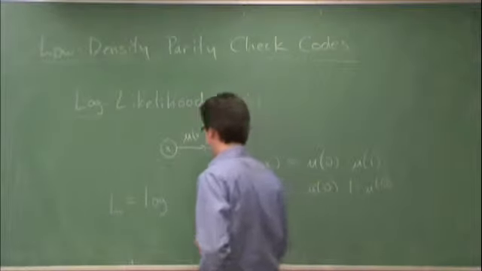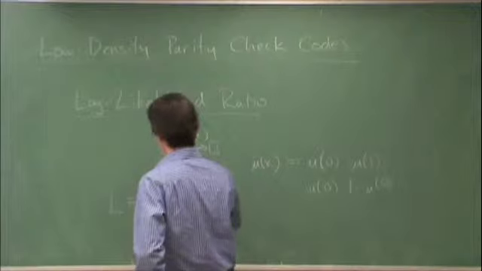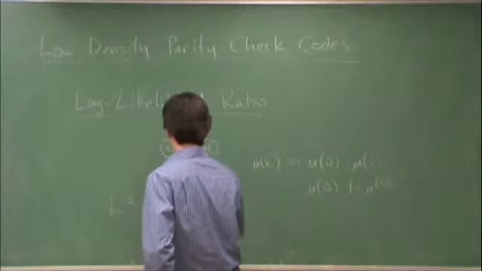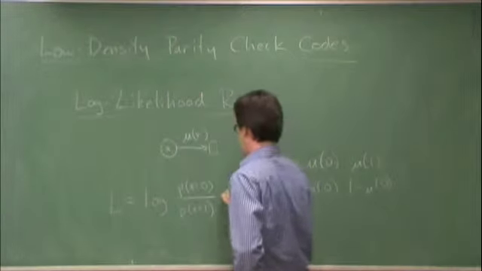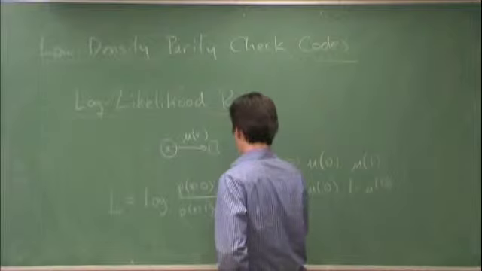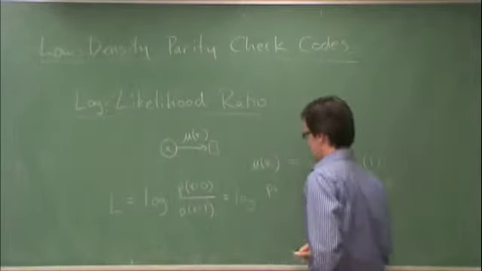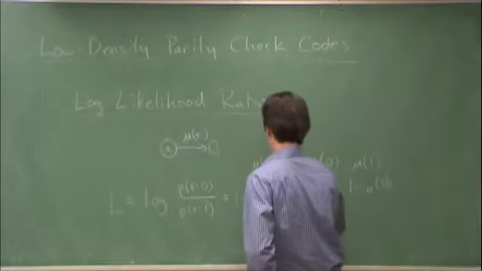It's log base e of the probability that x is 0 divided by the probability that x is 1. So I'm going to use shorthand notation. That'll be log of p0, the probability that x is 0, and the probability that x is 1 is therefore 1 minus p0.